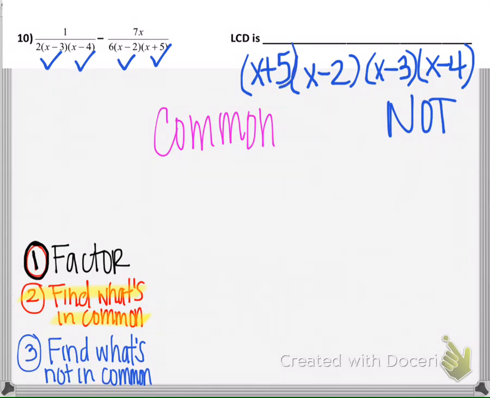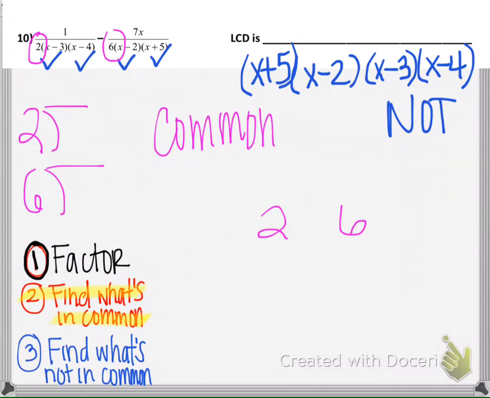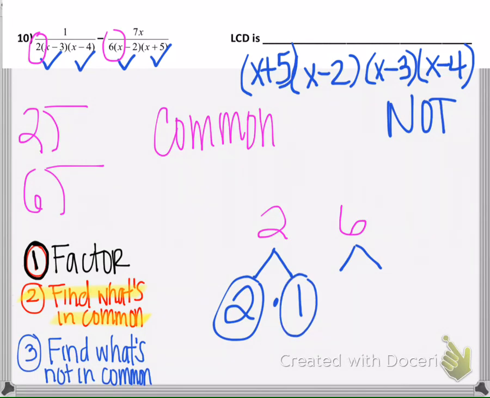Okay, now we have a 2 and a 6, so we have to think of what can 2 go into and what can 6 go into. What's the smallest number? So if you're thinking 12, true, but it's not the smallest. So if I want to verify I have the smallest, I'd break them into their prime factors. So the only thing that multiplies to 2 is just 2 and 1. And then 6 would be 2 times 3.